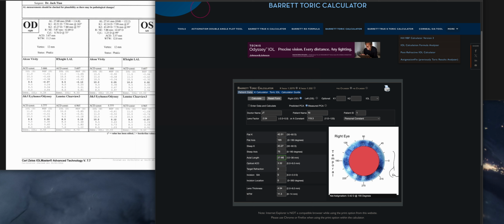This is a longer eye. 3.67. Yeah, we're not going to have a lens thickness. I usually just put 4.5, and 11.5 is the measured white to white. Okay, let's calculate that.